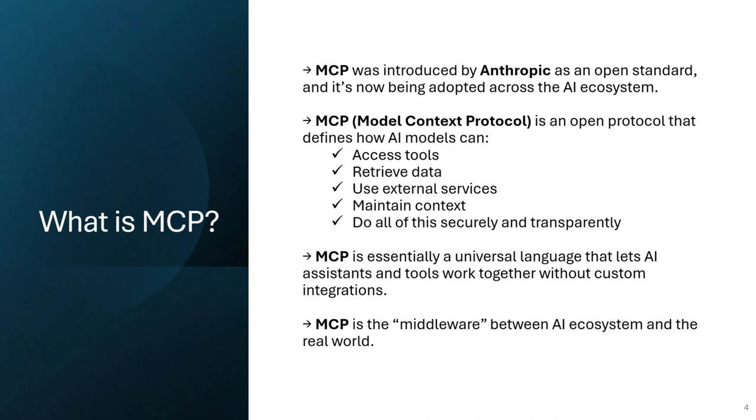And not to forget, do all of this in a very secure and transparent manner. So MCP is essentially a universal language that allows AI assistants or AI models and tools to work together without any custom integrations. It acts as the middleware between the AI ecosystem and the real world.